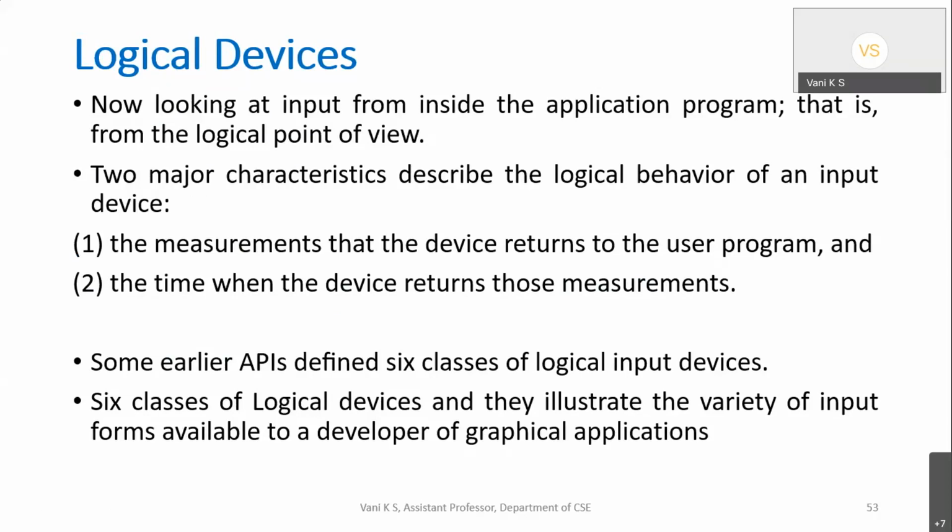But in addition to that, we also have some logical devices. What we mean by logical devices is nothing but the way they give the input to the graphics applications. That is what you call logical devices. They illustrate the variety of input forms, in what way they can be given to the graphics applications.